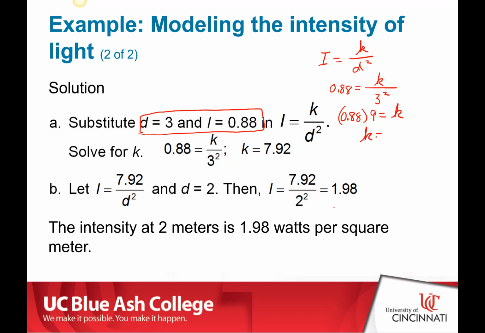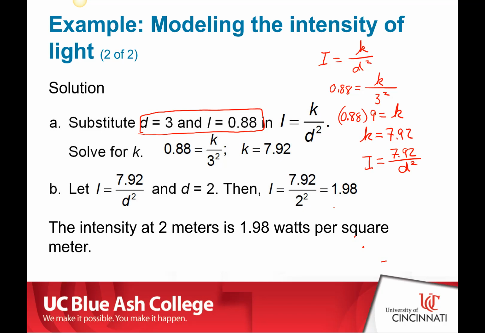So this is going to give us k is equal to 7.92. This value will allow us to write our equation as the intensity is 7.92 divided by the distance squared.